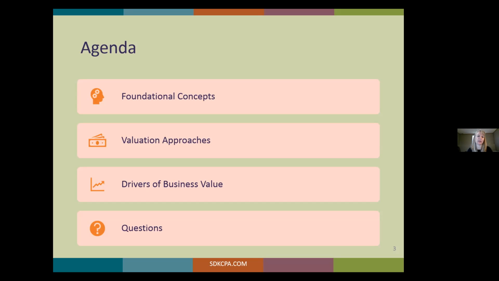And then we'll end with our discussion of, based on our understanding of how the valuation approaches work, what are the drivers of business value? So what can you do to increase the value of your business, and how that impacts the actual purchase price that we see in transactions. And then we'll leave time for questions at the end, but feel free to ask questions as we go as well.